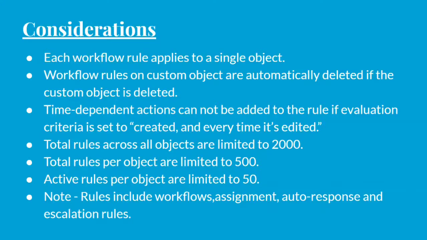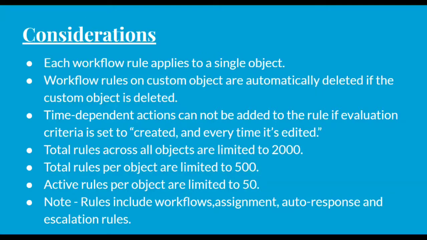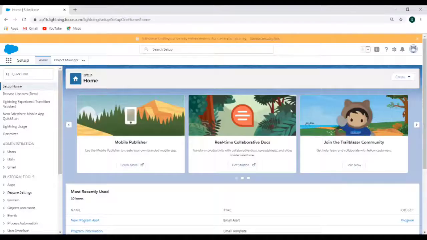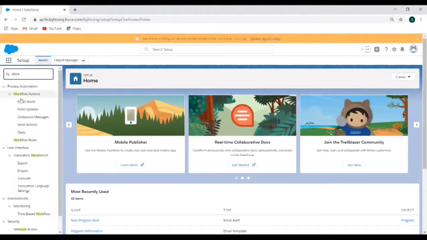So now we'll log in to the system and create our first workflow rule. Here we are in the setup. We'll click on the quick find and select workflow rules.